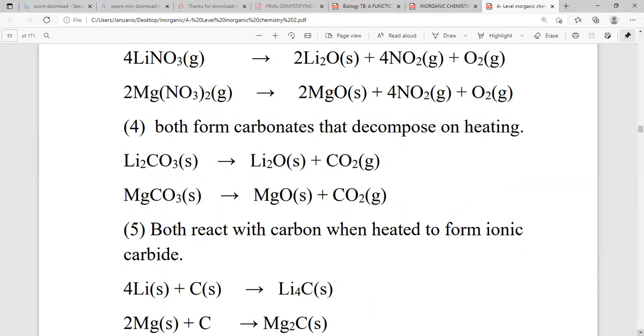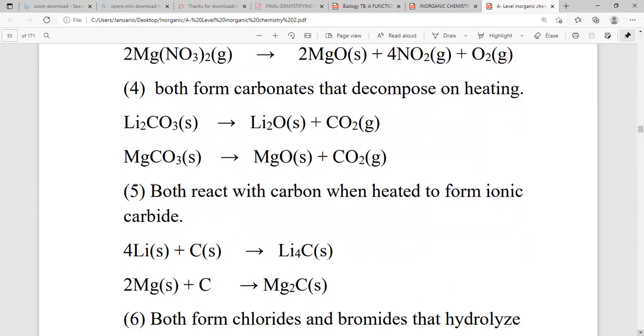That is lithium and magnesium carbonate. They decompose to give us lithium oxide and magnesium oxide plus carbon dioxide gas. Both react with carbon when heated to form an ionic carbide.